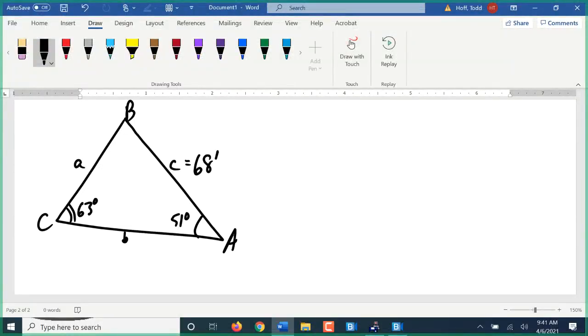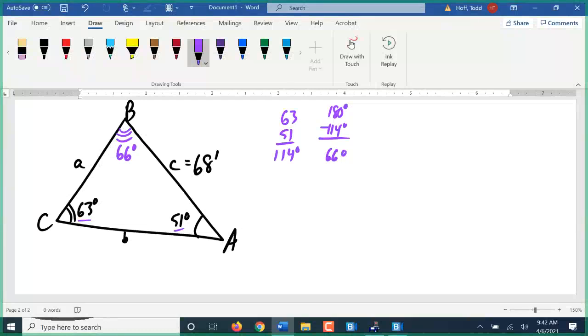Well, at this point, again, we do not have two sides and the angle between them. But first of all, we can find the third angle up here rather quickly by subtracting from 180. 63 plus 51 makes 114. 180 minus 114 gives us 66 degrees. So this is a 66 degree angle up here.